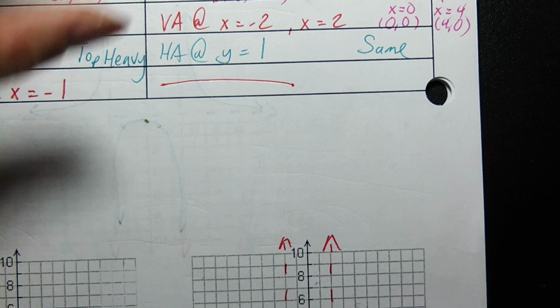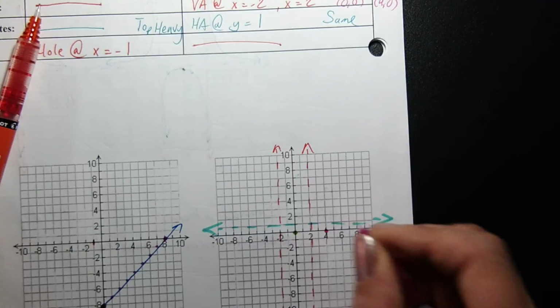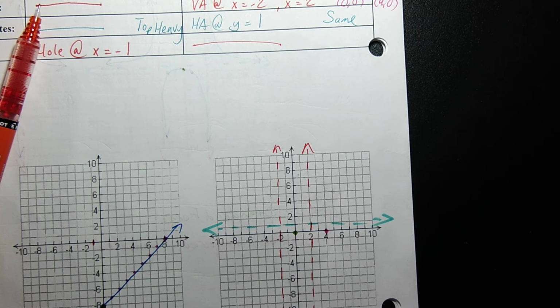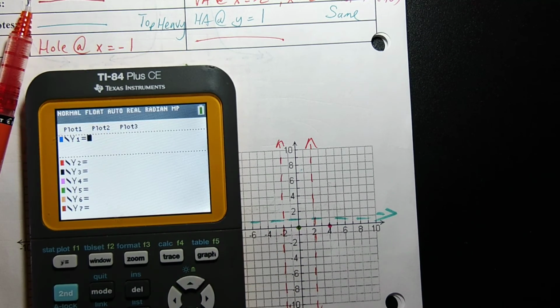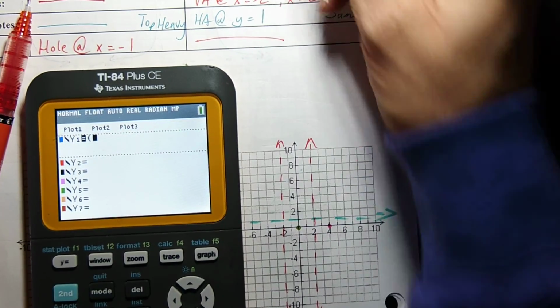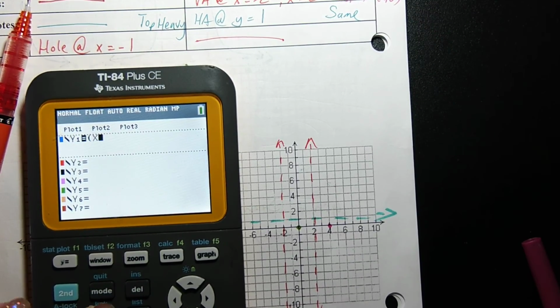So on my graph, we've got 0, 0. Let's add 4, 0. And now we have all of our key features mapped out. Now typing this in, make sure you've got parentheses on the top, parentheses on the bottom, divided by.